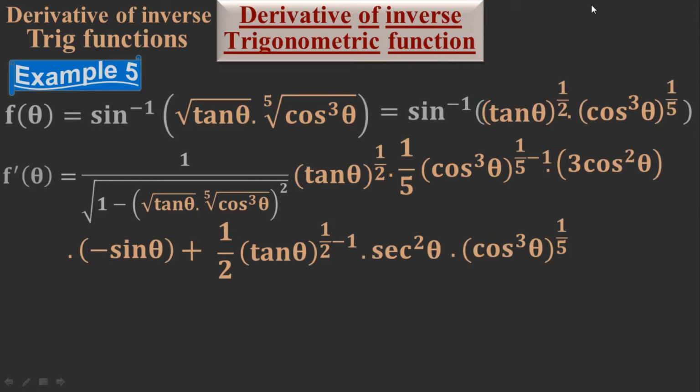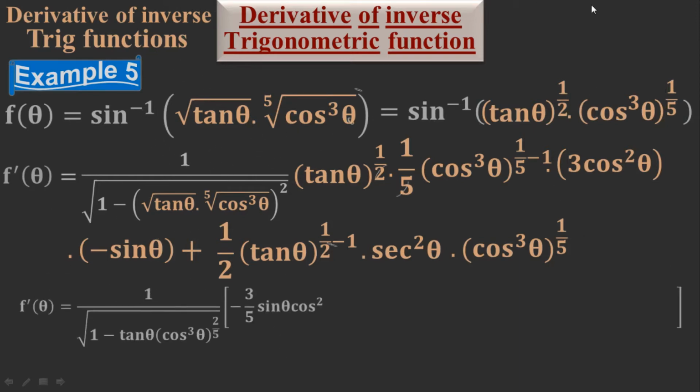Simplify it further, you will have this final expression. Look, there is a whole square here. So this square root for the tangent theta will cancel with this 2, and I will be left only with tangent theta. But then there is a fifth root here, which equals to 1/5. This thing can be written as cos cube theta to the whole 1/5. So 1/5 times 2 will be 2/5.